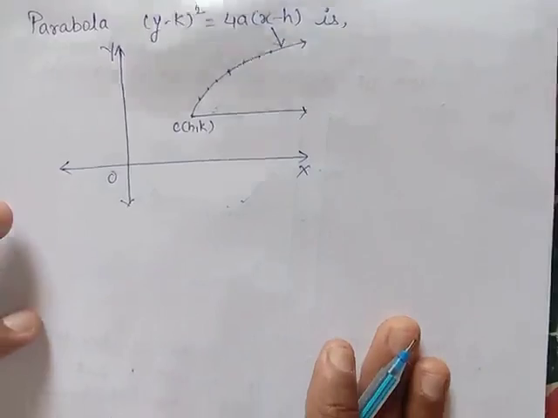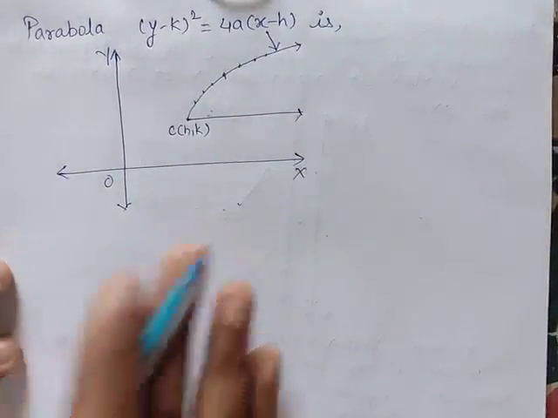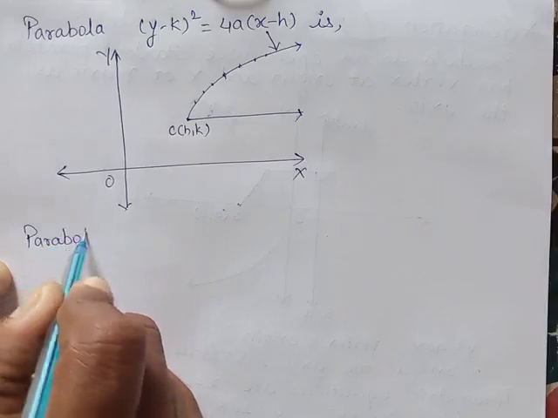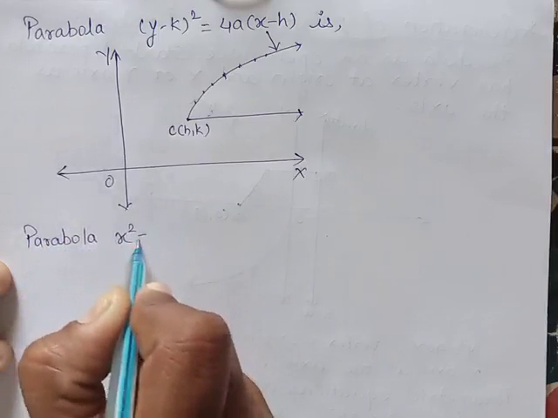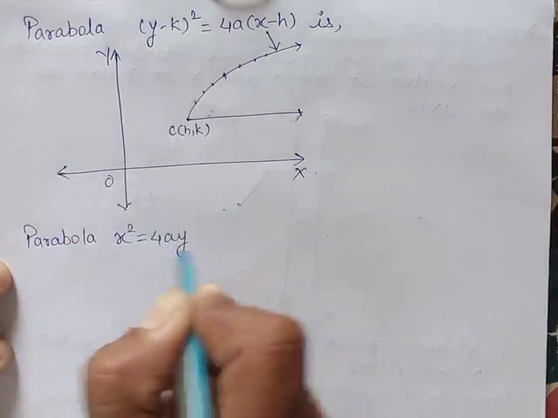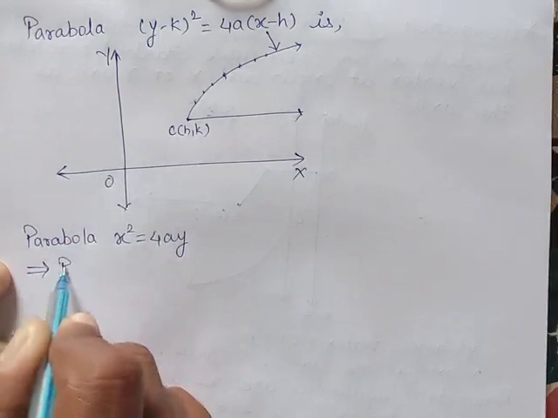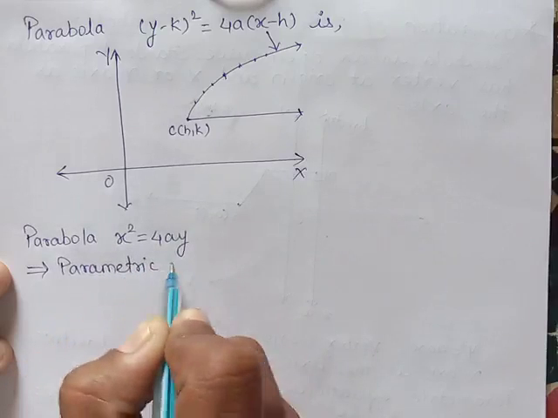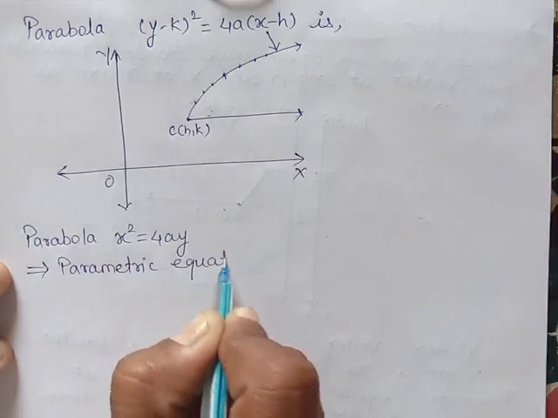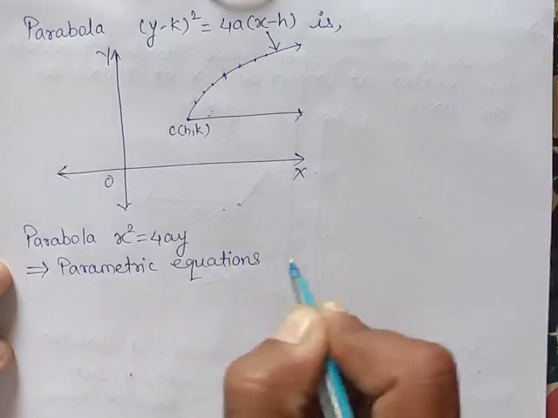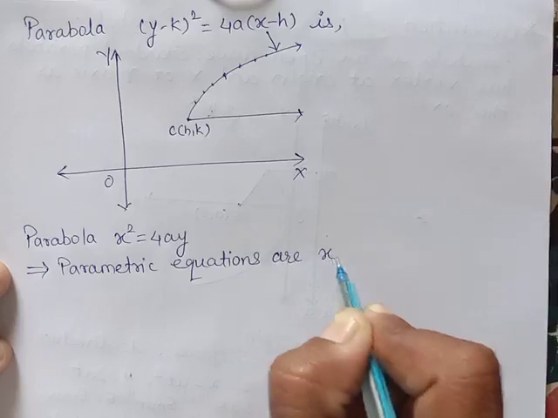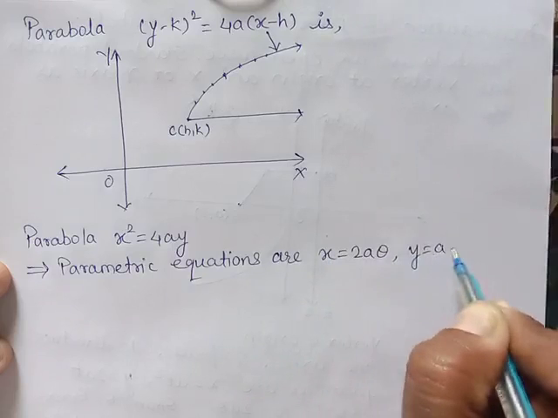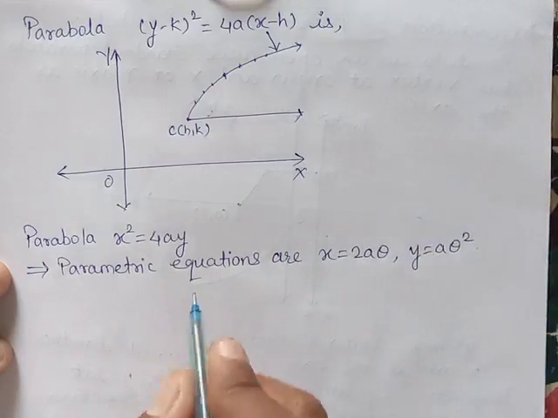Again, suppose we have a parabola x square equal to 4ay. Then its parametric equations are x equal to 2a theta, y equal to a theta square.